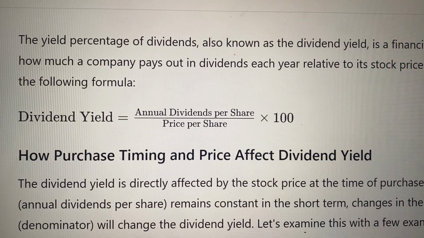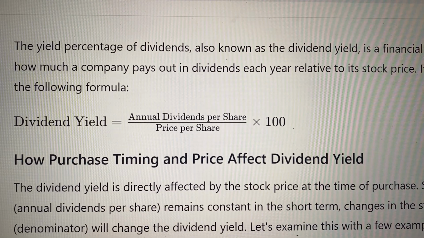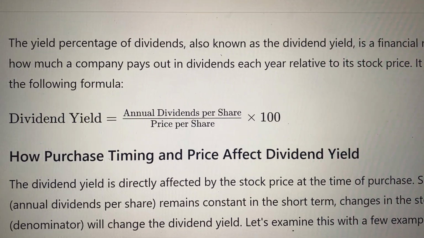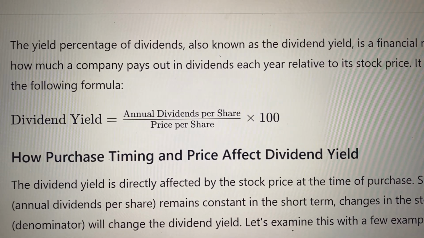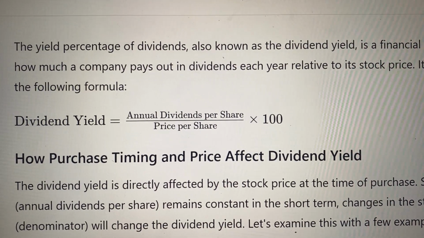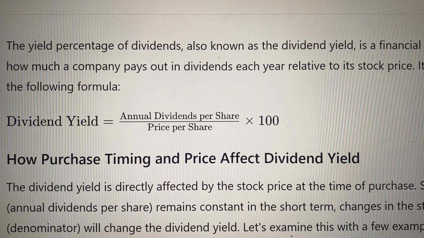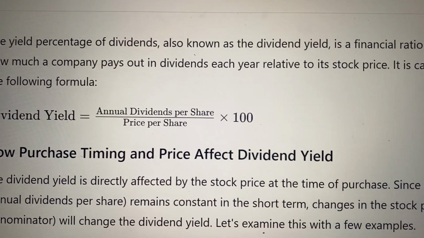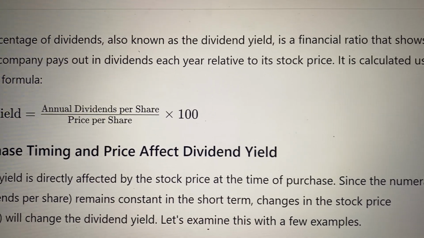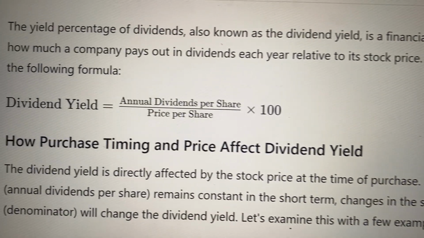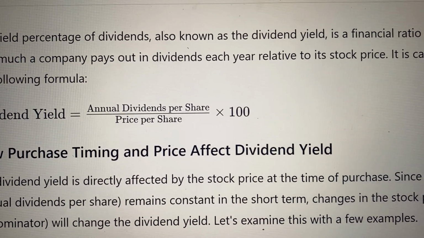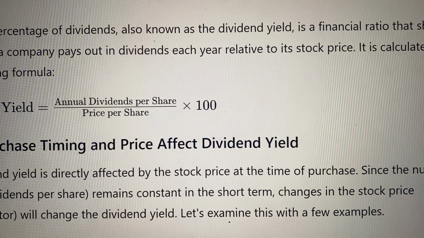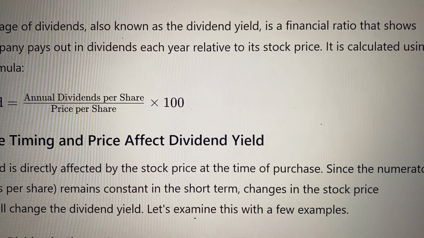I use my dividend paying stocks as a form of passive income to supplement my future incomes. So here we go. The yield percentage of dividends, also known as the dividend yield, is a financial ratio that shows how much a company pays out in dividends each year relative to its stock price.